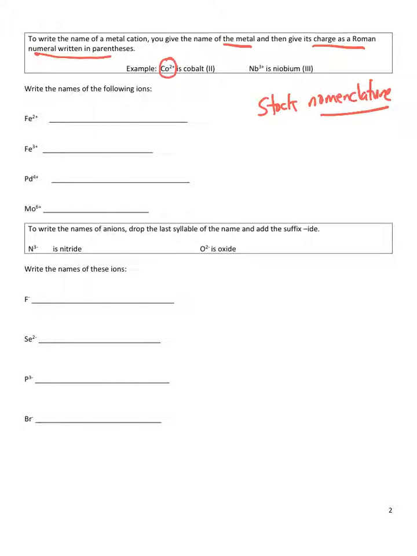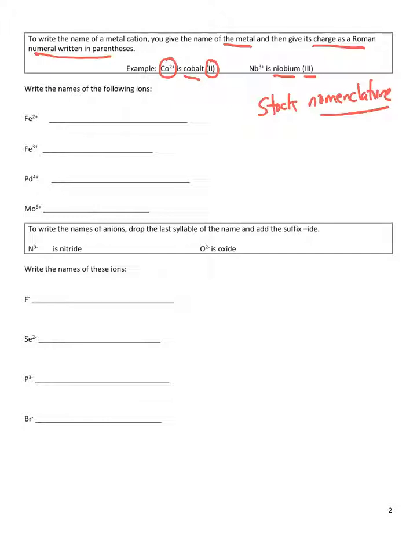So for cobalt 2+, you write cobalt, and then since it's plus 2, you put the Roman numeral in parentheses. The parenthesis is important. It's part of the name. So Co2+ is cobalt, parenthesis, Roman numeral II, close parenthesis. Nb3+ is niobium, Roman numeral III in parentheses.